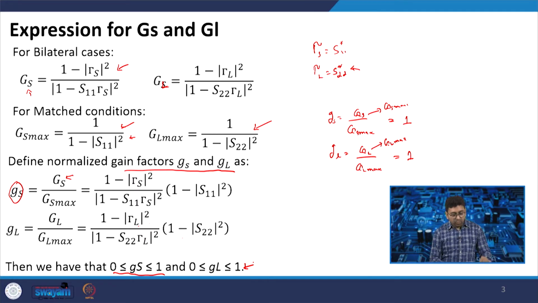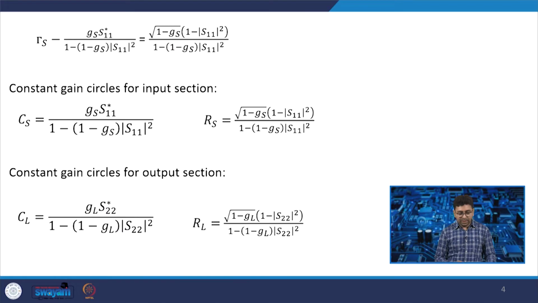So, if you try to make this equation into the form of a circle, you will get gamma S minus Gs S11 conjugate over 1 minus Gs S11 square, equal to square root of 1 minus Gs times 1 minus S11 square, over 1 minus Gs S11 square.